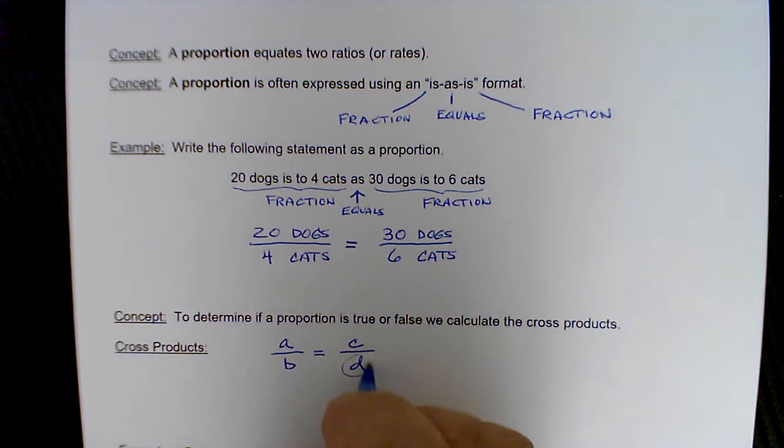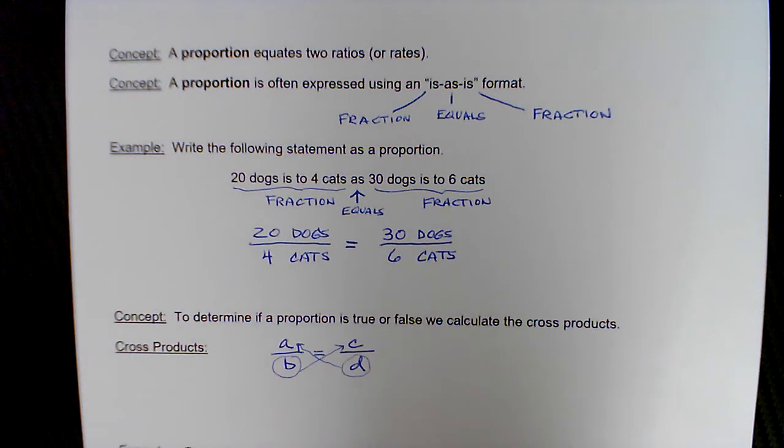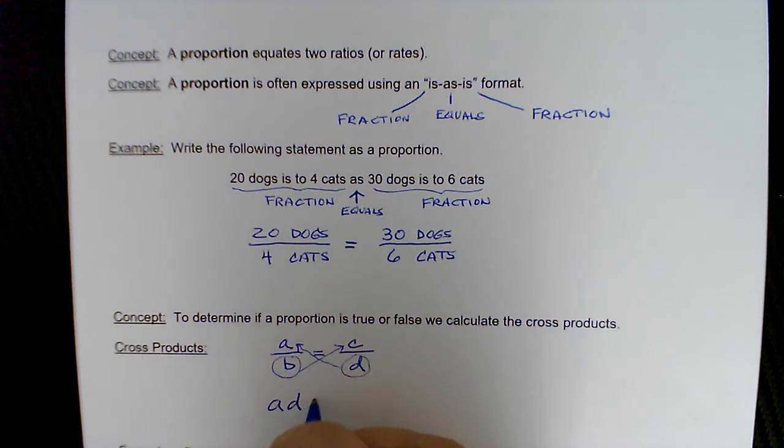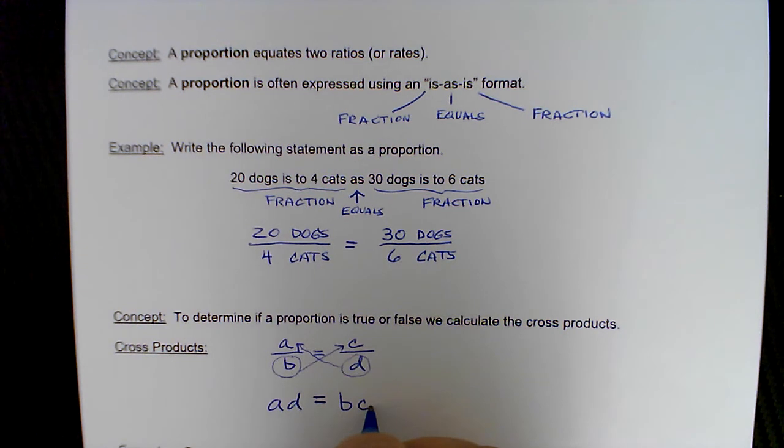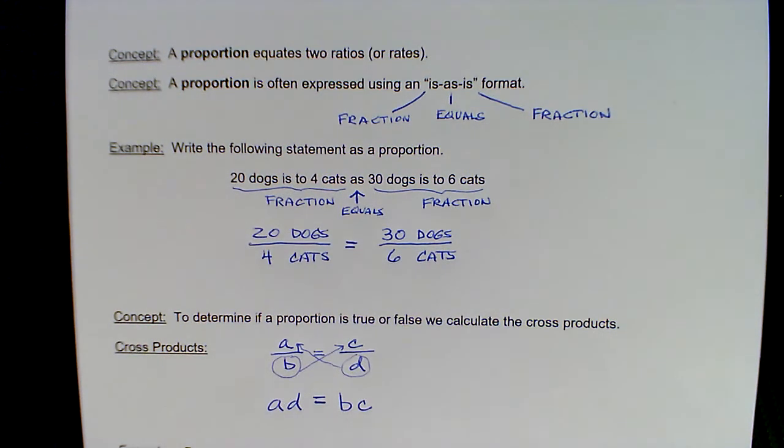You take the denominator of the second, cross over the equals, multiplied by the numerator of the first, and the denominator of the first crossed over the equals, multiplied by the numerator of the second. So D crossed over times A we'll write as A times D. Whenever you take the first cross product, make sure you write down your equals immediately, and then cross over the B times the C, and we'll just literally write it that way, B times C. So that's how we calculate cross products.